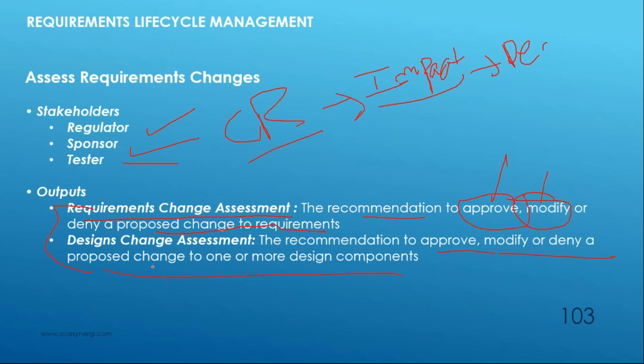Once you have done that, and definitely you need to do impact analysis, and once you have done the impact analysis and applied various techniques, you will decide whether to go for a change or not. And when you take that decision, the decision can be either to approve a requirement or deny, or modify that requirement, or a design. Both I'm talking about. When I say requirements, I also mean design. So that's what we do in assess requirement changes.